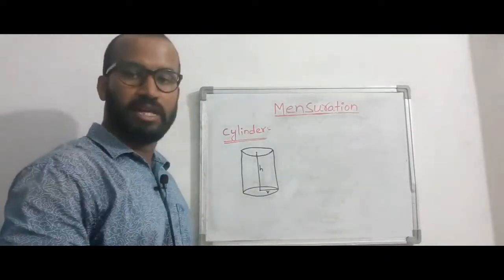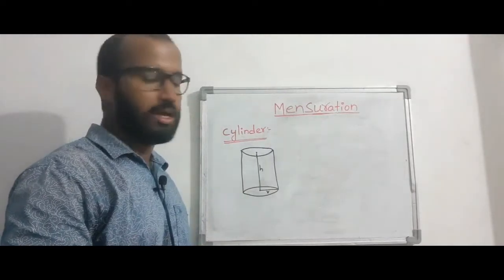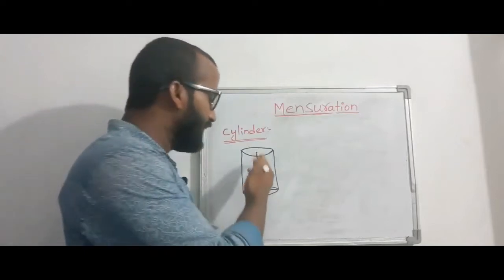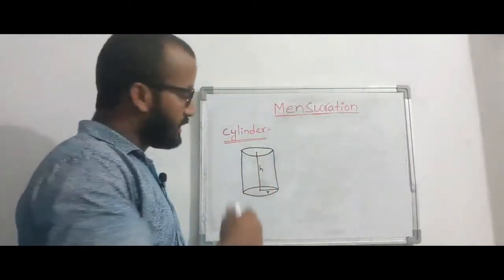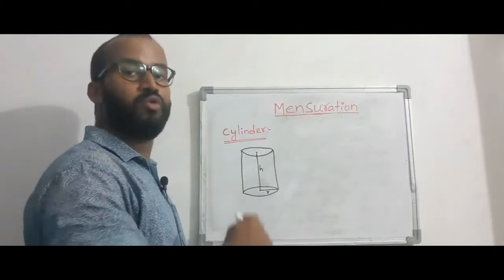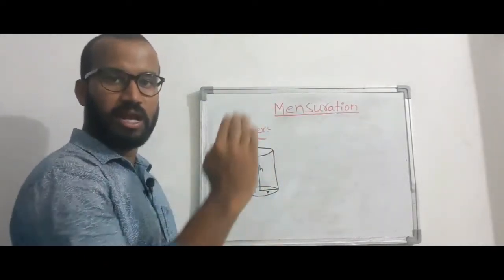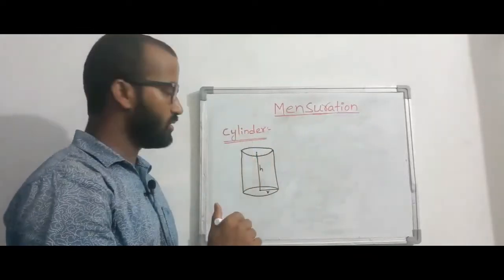Our next 3D shape is the cylinder. I am taking a cylinder with radius R and height H. This cylinder has 2 flat surfaces, a top circle and a bottom circle, and there will be one curved surface, right?